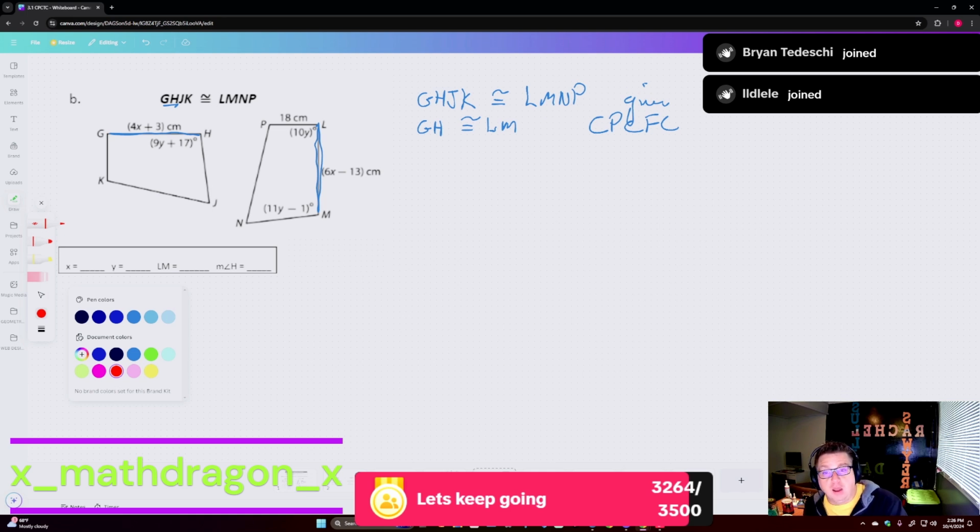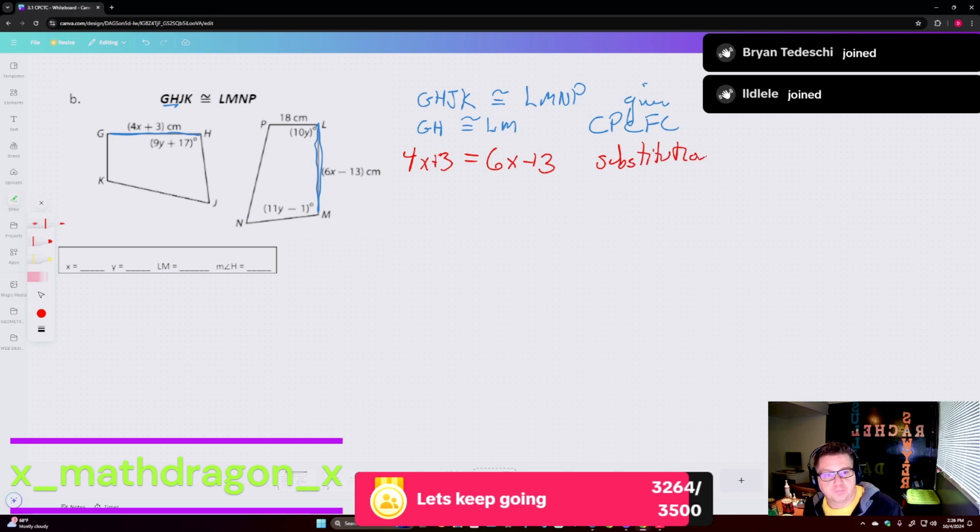All right, so now we're going to substitute our values in. So we're going to take that 4x plus 3 that is in GH, and we're going to set it equal to LM, which is 6x minus 13. And that is substitution. And just so no one gets confused, I'm going to move that minus away from the 13. Okay. Now I'm going to highlight my variables. Once again, it looks like they are going to be on opposite sides.